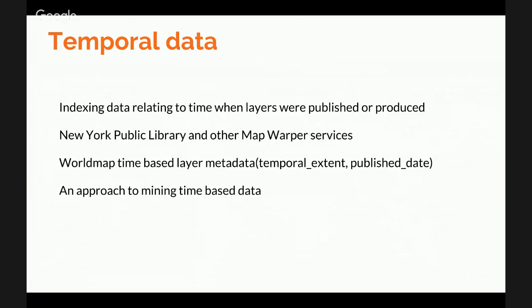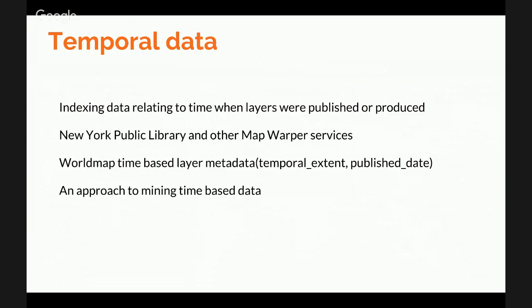So it adds a little temporal context to the spatial data you're looking for. If you're looking for a data set of New York in the 1960s, perhaps someone doing research on change in New York from 1960 to 1965, a search interface for that doesn't exist yet. But this is a fast approach to try and tackle that.